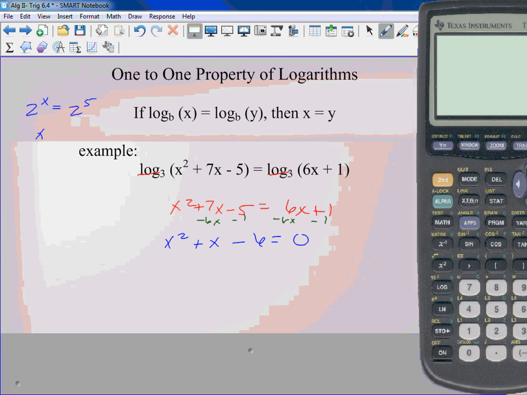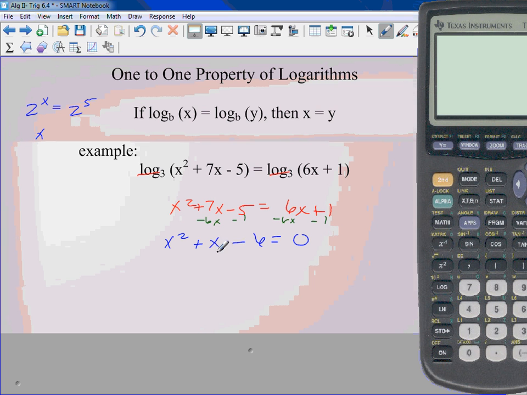First thing I'm going to look at, can I pull anything out? No. Is it special? Why not? Can't take the square root of 6 evenly. Okay, since there's nothing to pull out and it's not special, I have a bunch of options. I can factor, complete the square, or use the quadratic formula.